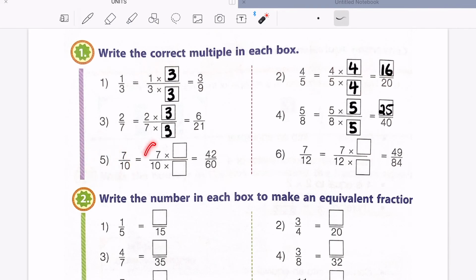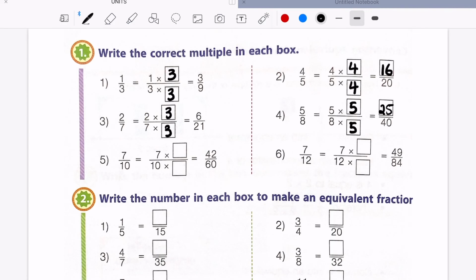7/10 equals 42 over 60. So we do 10 times blank equals 60.